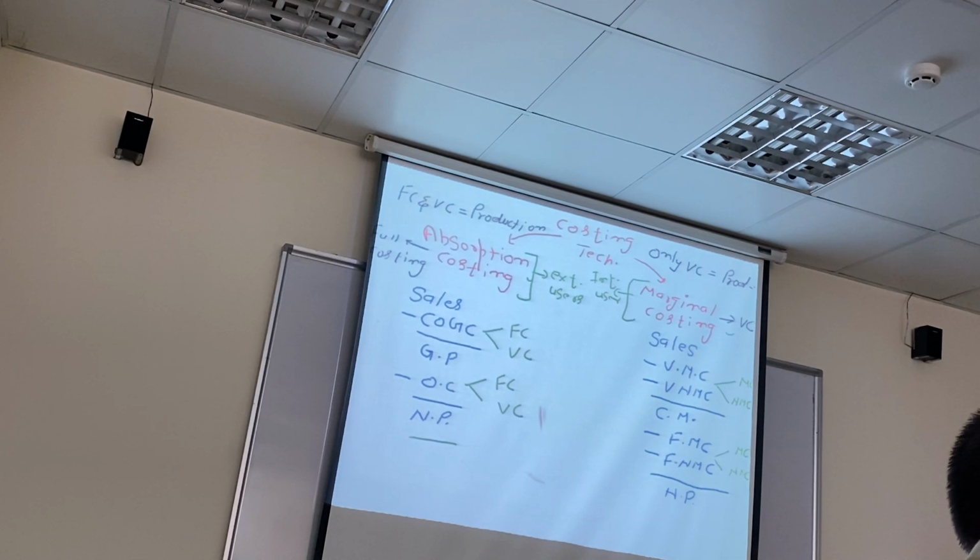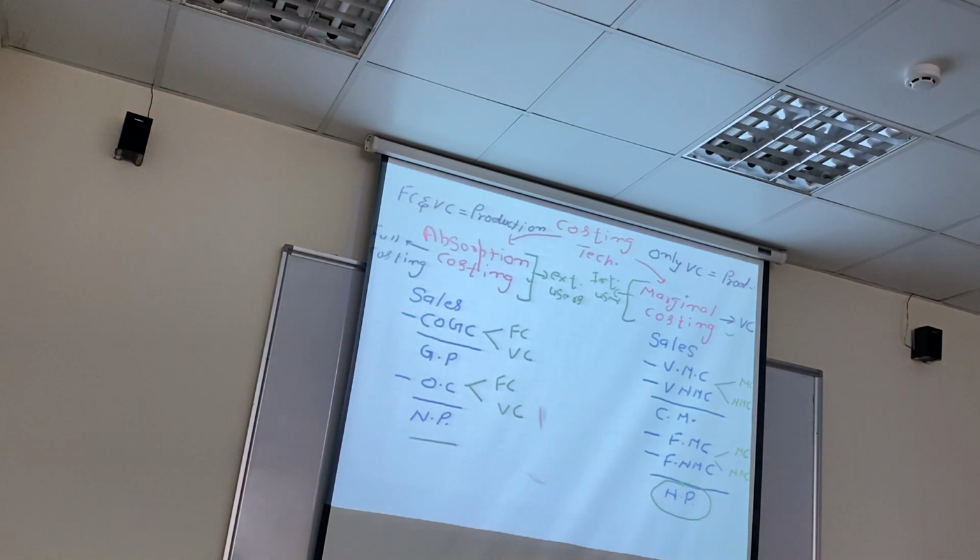But when we need to make any kind of decision, we use marginal costing. So marginal costing is for internal purposes and absorption costing for external people. So you will study both absorption costing calculations and marginal costing calculations.